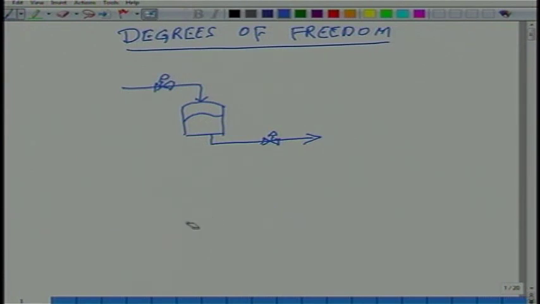Okay, now let us say I have got a T junction. How many independent valves can we put on this? Let me put it differently. Let's say I have got a tank. Yeah, 2 is correct. There are inlet streams, but we are not worried about inlet streams.